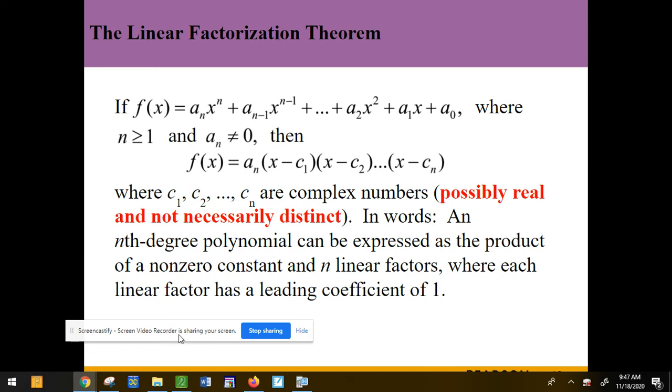So there's going to be the same amount of linear factors as the degree of the original function, which is essentially what we just talked about with the number of zeros, because the number of zeros and the number of factors are going to be the same. And see how it says possibly real? So that means some of these could be imaginary and not necessarily distinct, meaning some of them could repeat if there's a multiplicity.